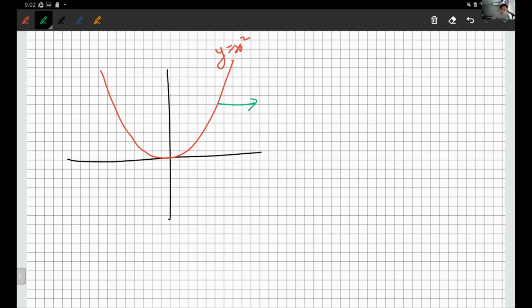So the idea is very simple. Instead of having a fixed translation, you just turn this translation into a function of time. If I call this displacement some number, let me call it s for now, some distance s, then this distance s depends on time.